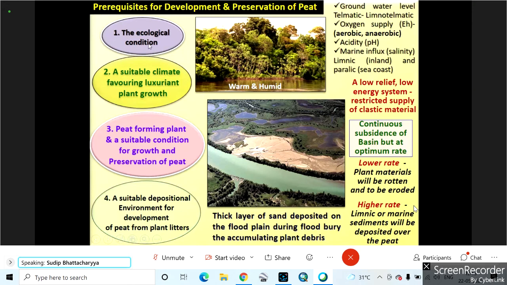For ecological conditions, a suitable climate favoring luxuriant peat-forming plants should prevail, and a suitable depositional environment should be there, like this interchannel deposit. The basin should accommodate all the shale, coal, and sandstone, a slowly subsiding basin obviously.